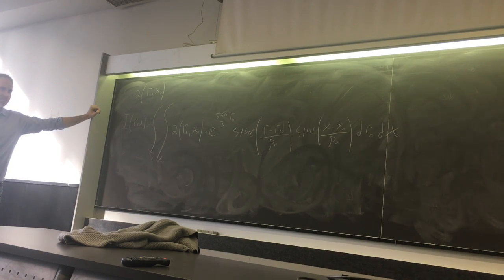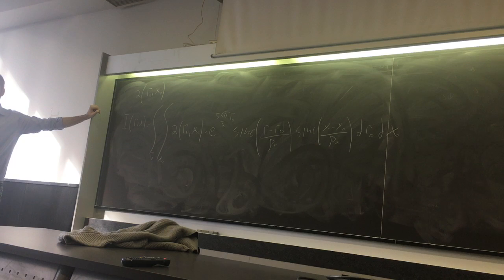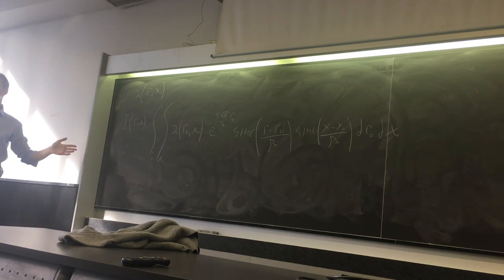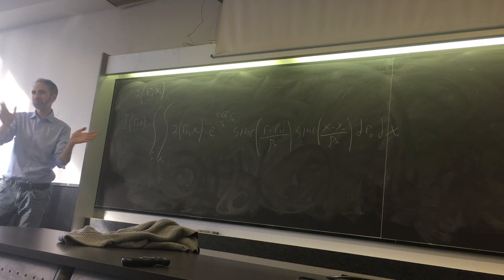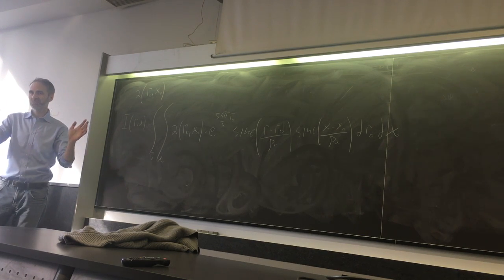Fourier, no. A is another. A is a matrix which is representing the intensity of your target in range and azimuth. Okay.